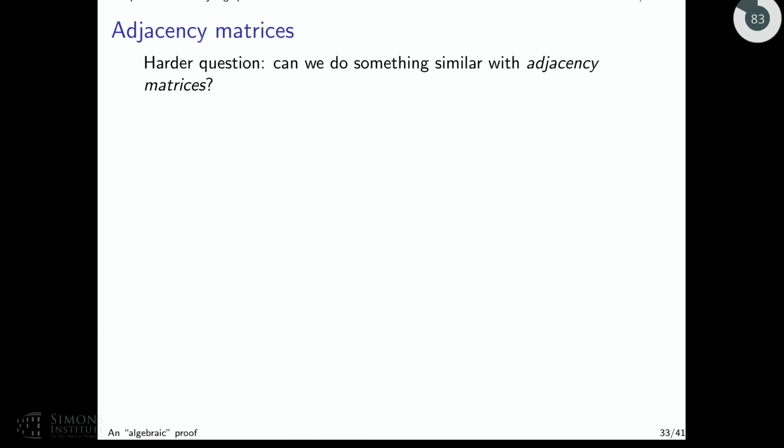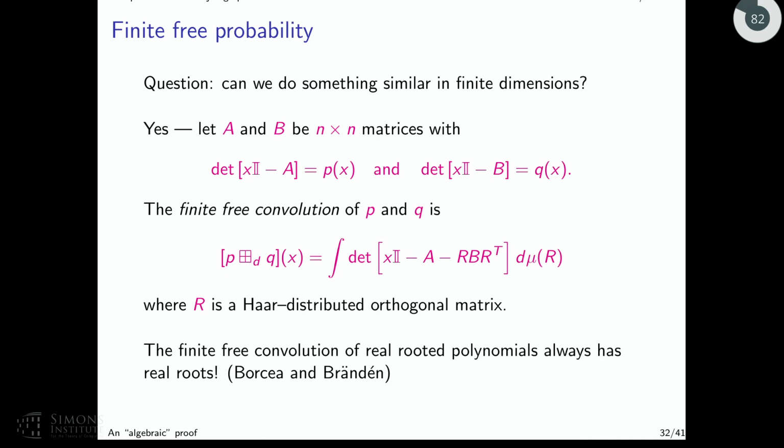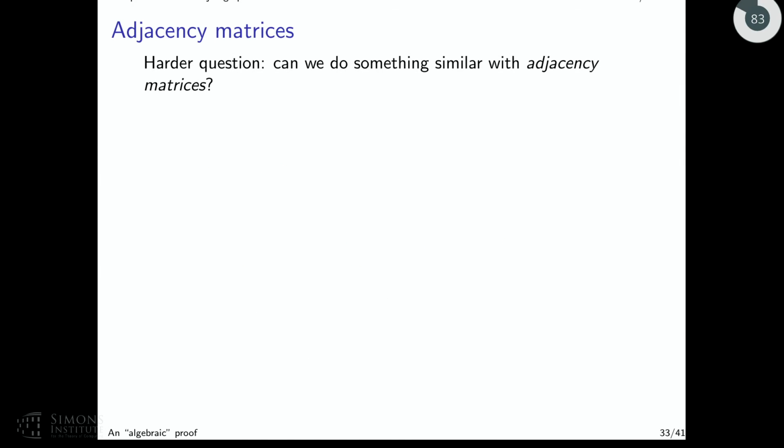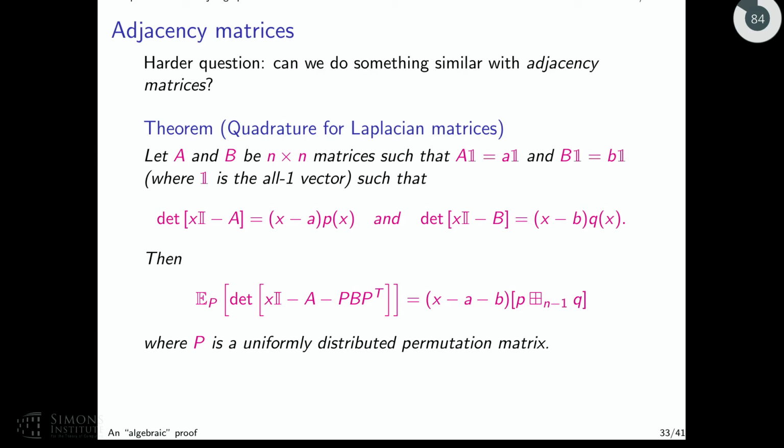A harder question: can we do something similar with adjacency matrices? We're not allowed to integrate over all possible rotations. This is what we call the quadrature result, a quadrature for Laplacian matrices.